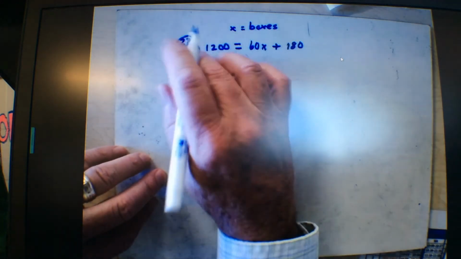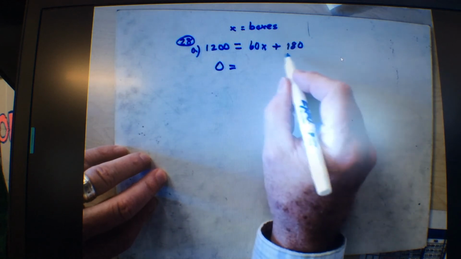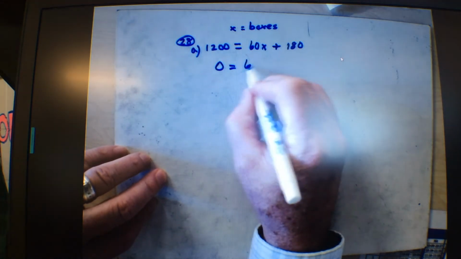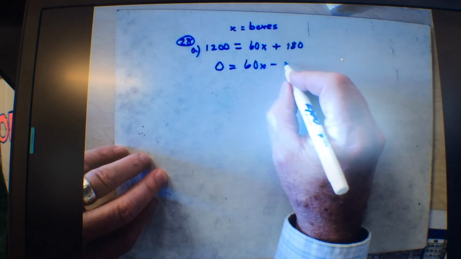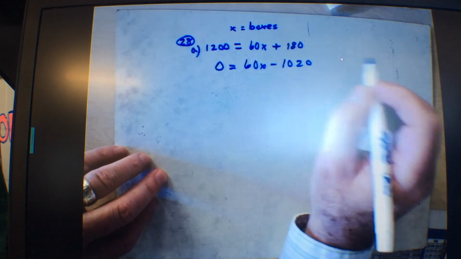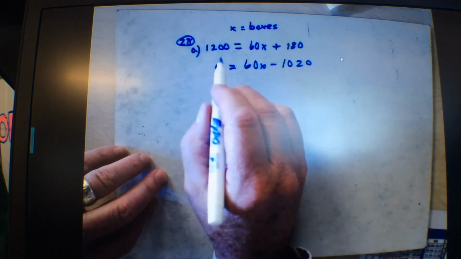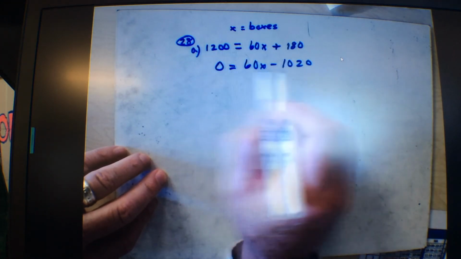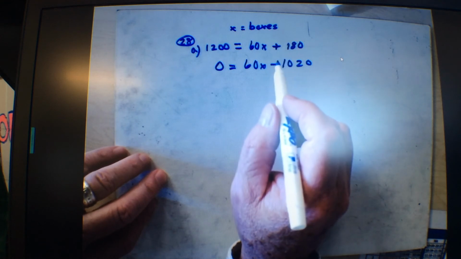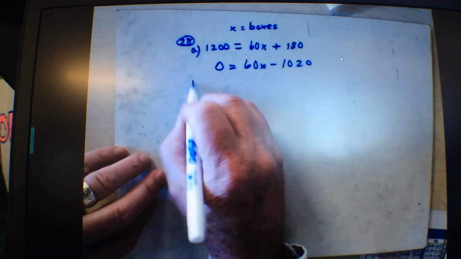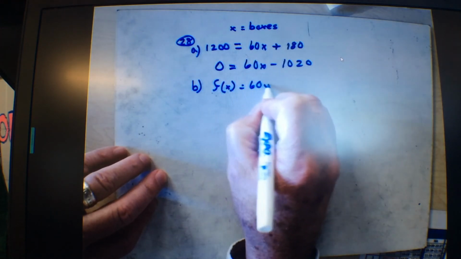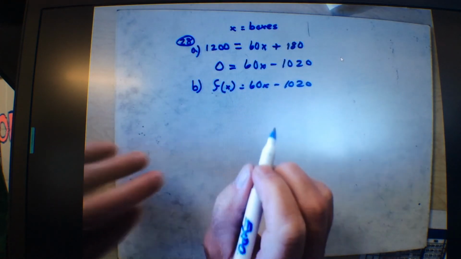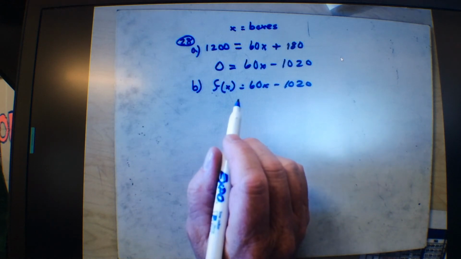On the first one, this is still A. So you're going to subtract 1,200. So you get 60x minus what? What's 180 minus 1,200? Negative 1,020? Yeah. Okay, now what they did was they wrote it as a 0 function. You remember those ones we just did? Yeah. So that's A. B then we would replace with f of x equals 60x minus 1,020. I'm sorry about that. Okay?